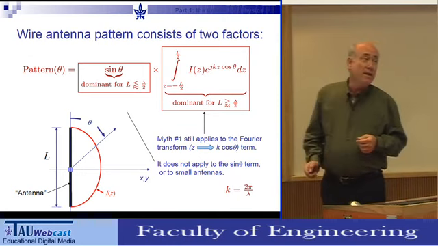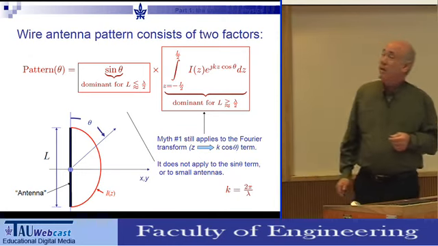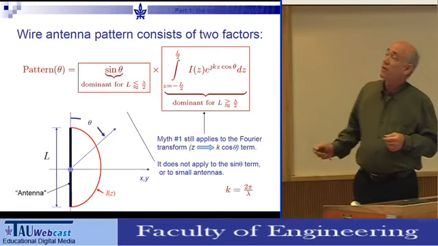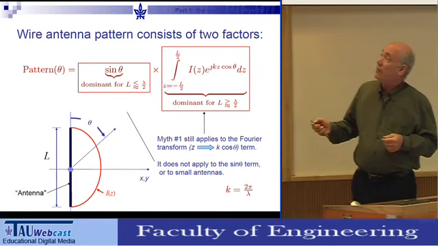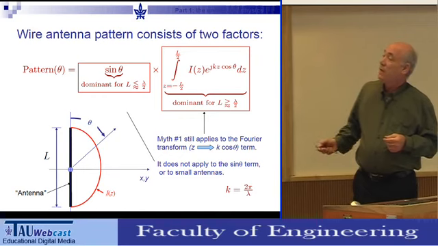We have always 2 factors determining that. This is the Fourier transform factor. What we see here is an integral that transforms the I, this current, this function that I'm showing here, as a function of the position along the antenna, into theta, which is the far field variable. And it is a Fourier transform because you go from z to k cosine theta.